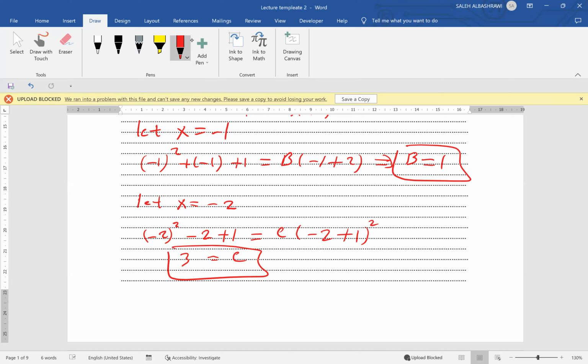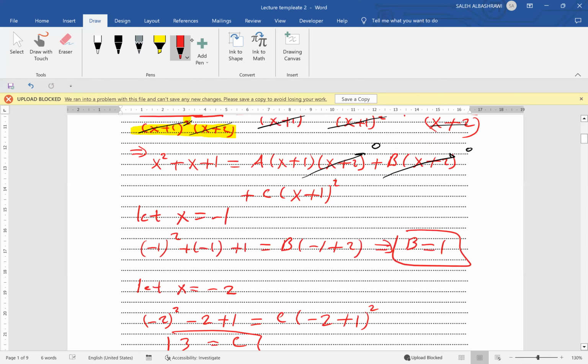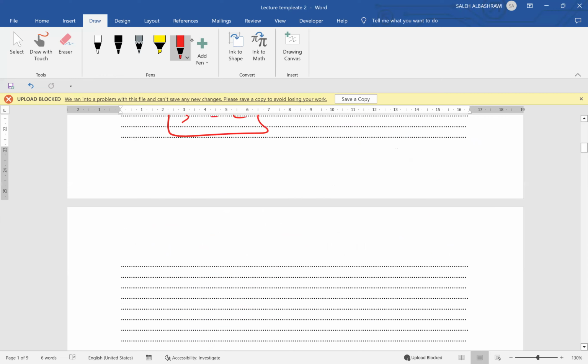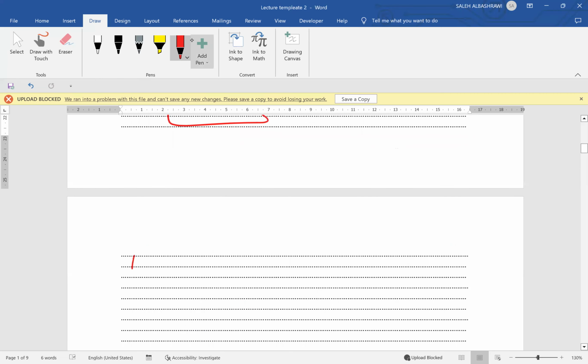Now we found b and we found c. To find a, we can choose x any value now. And to make it easy, we can choose x equal to 0, because this is an identity, which means it is true for any value of x. So if we choose x equal to 0, the left hand side is equal to 1.